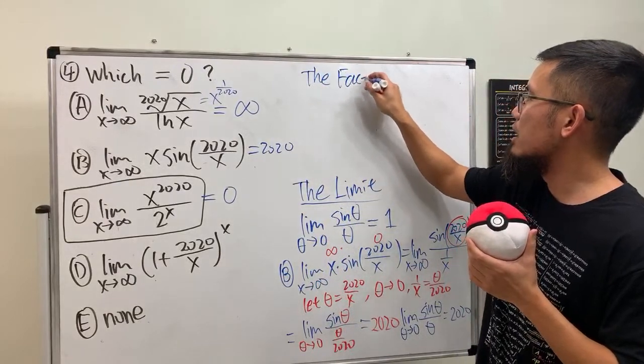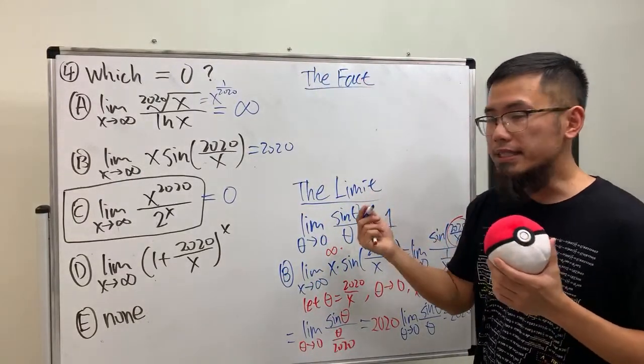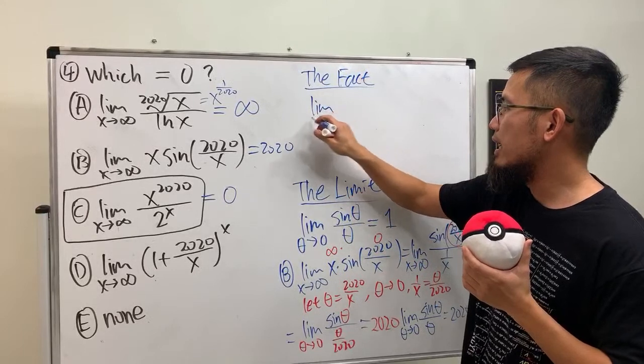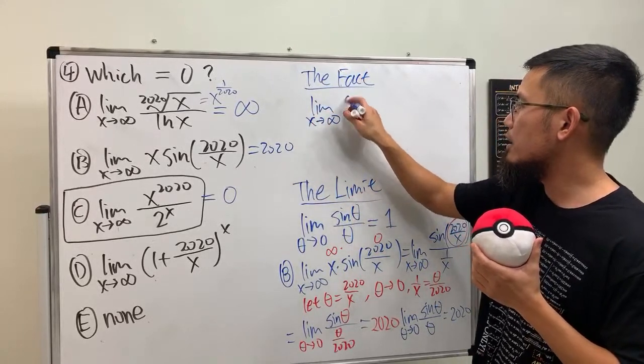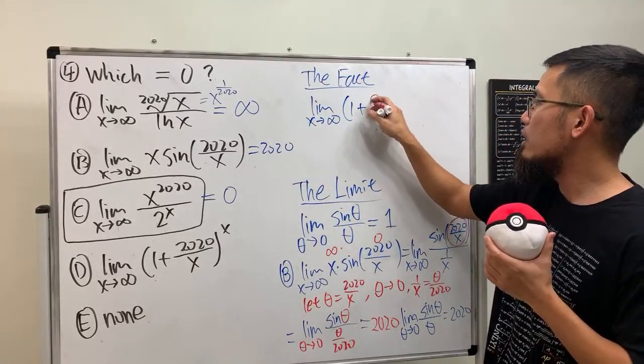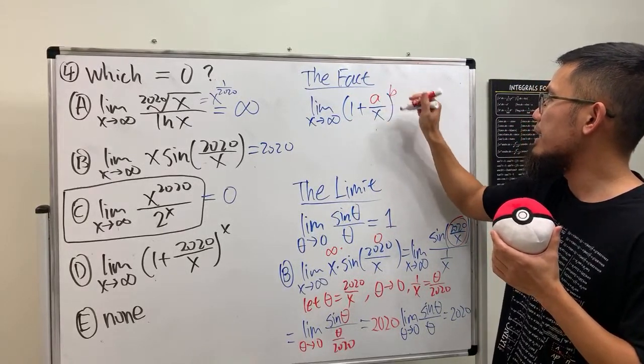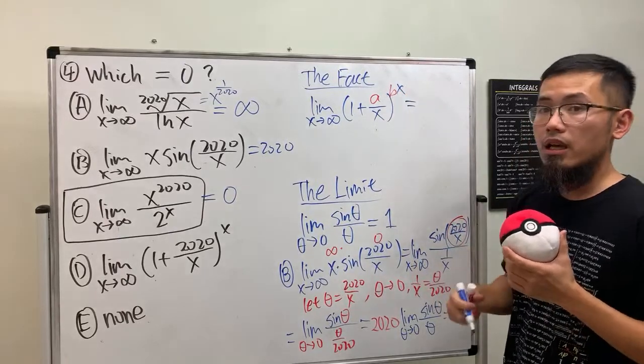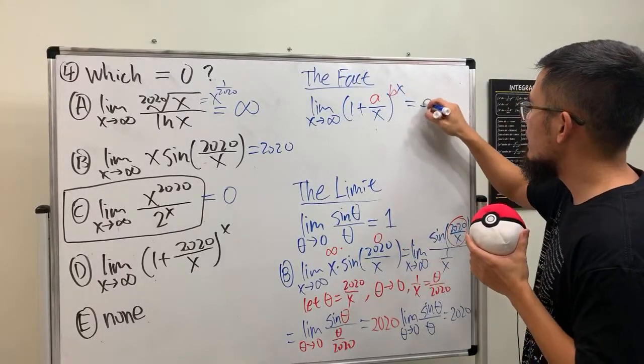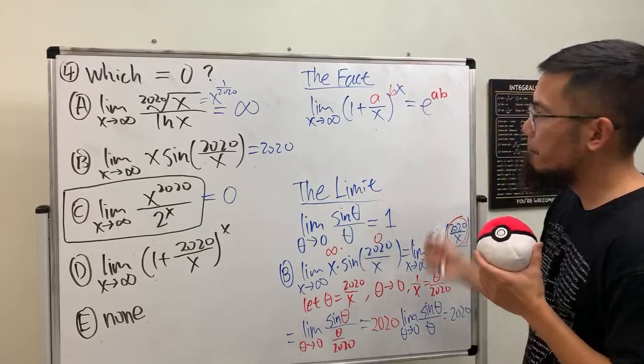This is the fact. What it says is that if you take the limit as x goes to infinity of (1 plus a over x) raised to the bx power, this is nicely equal to e to the ab power.